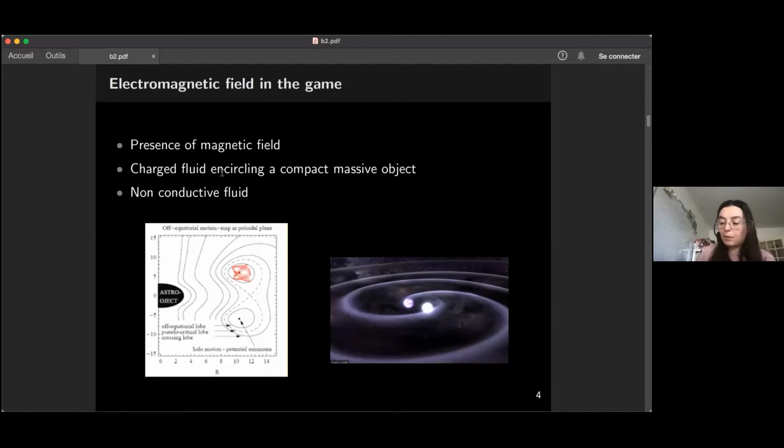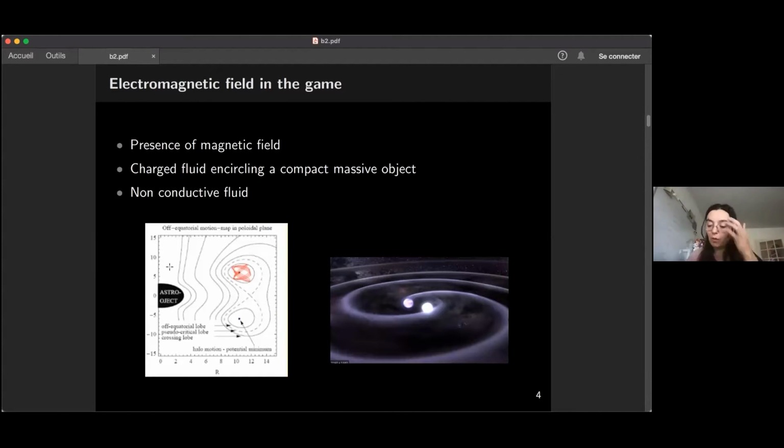By studying particle motion around a Kerr black hole, the team of Professor Stuchlík found the possibility of existence of equatorial circular orbits, here described by this picture on the left. This bound orbit was possible to find when the charged particle is surrounding a black hole and embedded in a magnetic field.